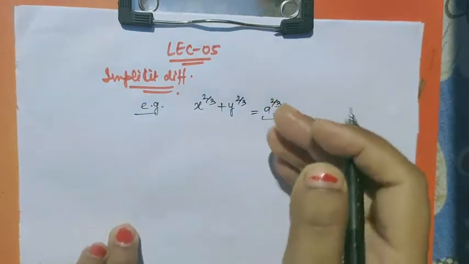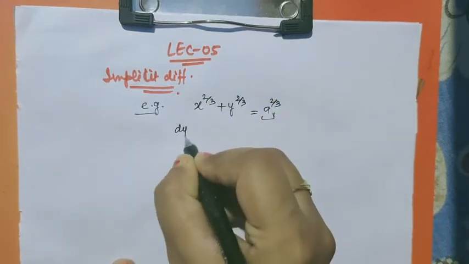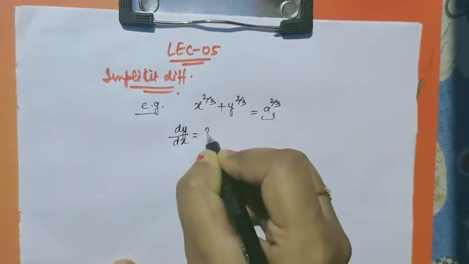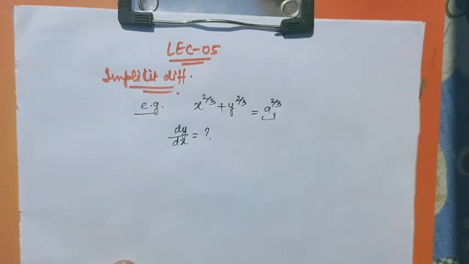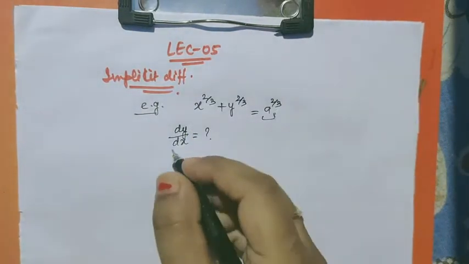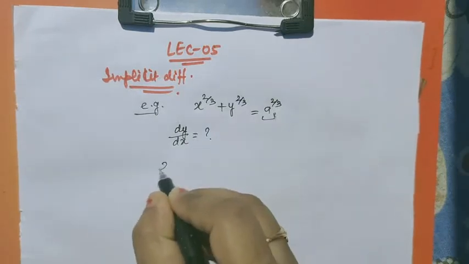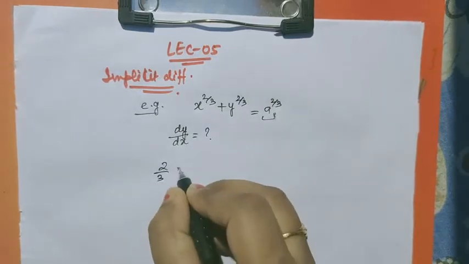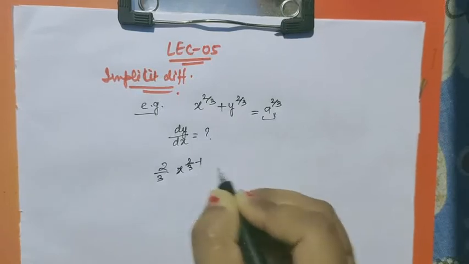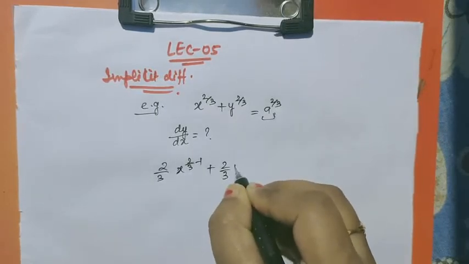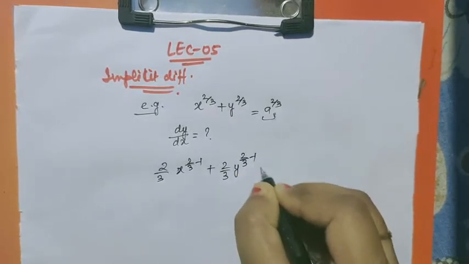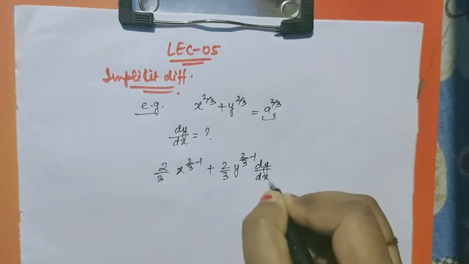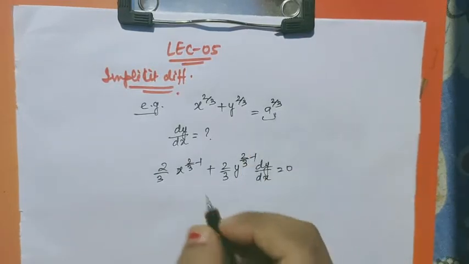So how do we calculate dy by dx? We will differentiate it with respect to x. So by differentiating it, what will we get? 2 by 3 x raised to power 2 by 3 minus 1 plus 2 by 3 y raised to power 2 by 3 minus 1 dy by dx equals 0, since this is a constant.